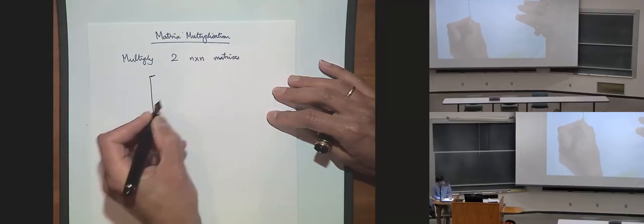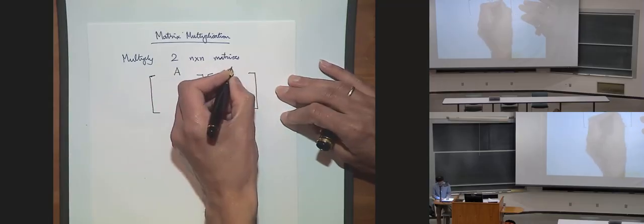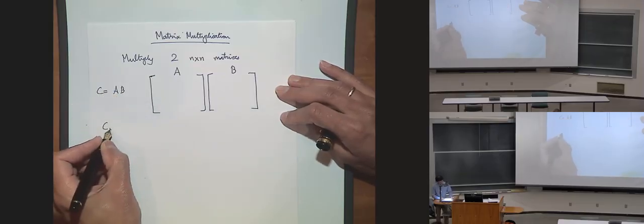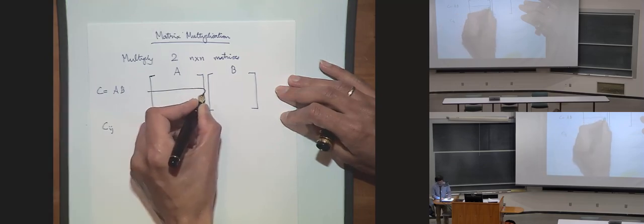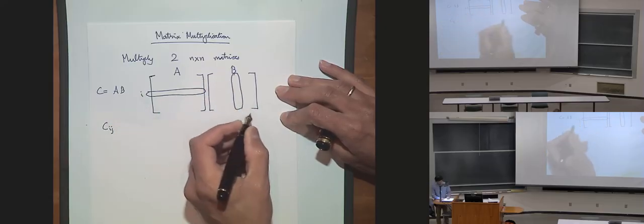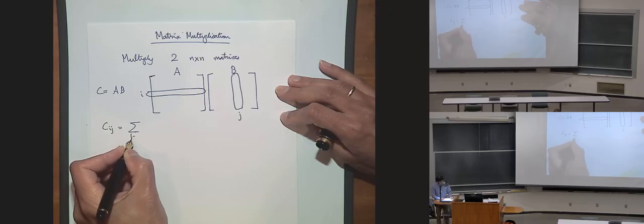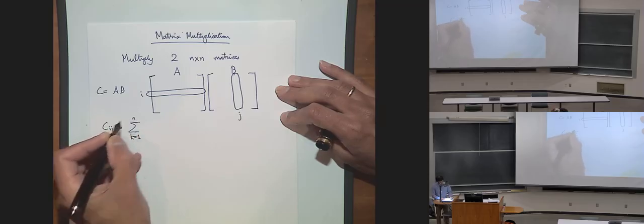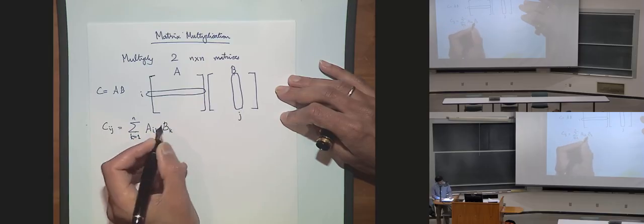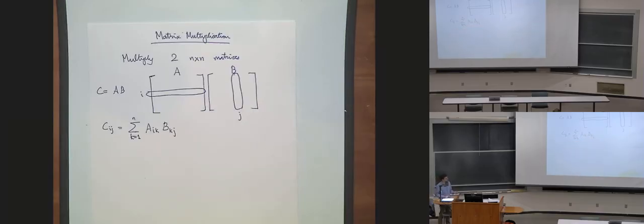So here's A, B, and if C is this matrix A times B, you know that the ijth entry of C is: I take the ith row and the jth column, with k going from 1 to n, and I multiply A_ik times B_kj. This is how you compute the matrix product.